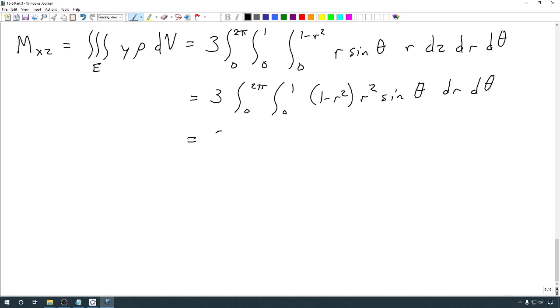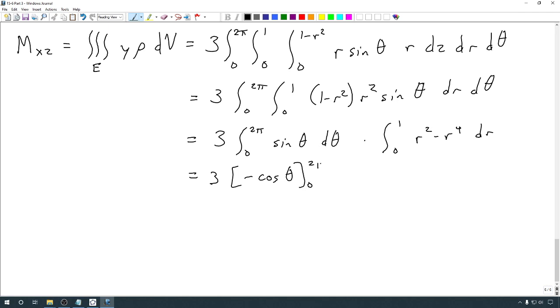We do exactly the same kind of thing that we did before, where we split this up. We have the integral from 0 to 2 pi of sine of theta times the integral from 0 to 1 of r squared minus r to the fourth. Integral of sine is negative cosine. And then we still have the 1/3 r cubed minus 1/5 r to the fifth. And then kind of similar to what happened before, but a little bit different.